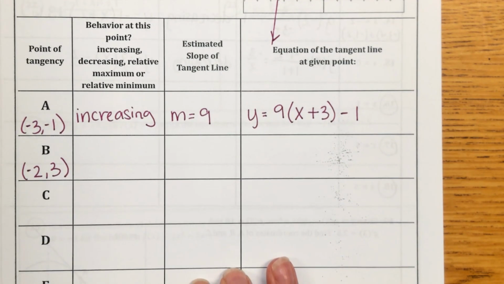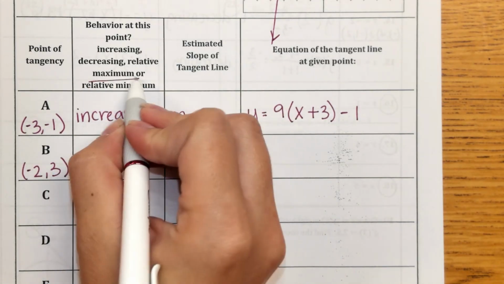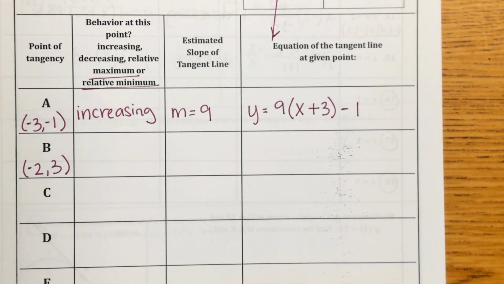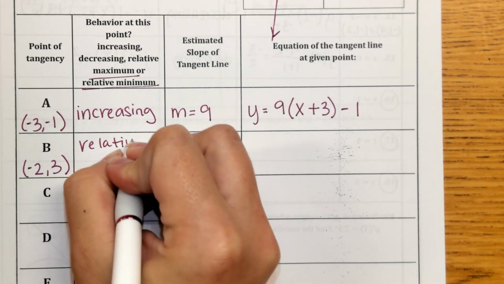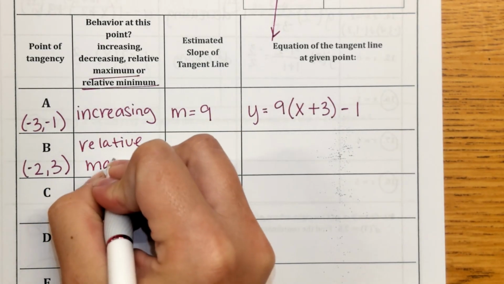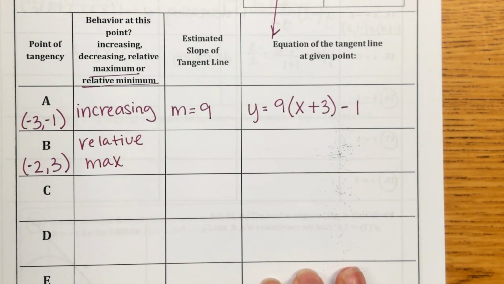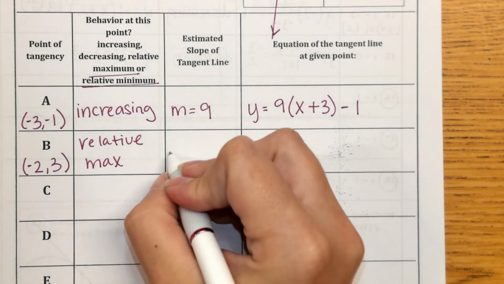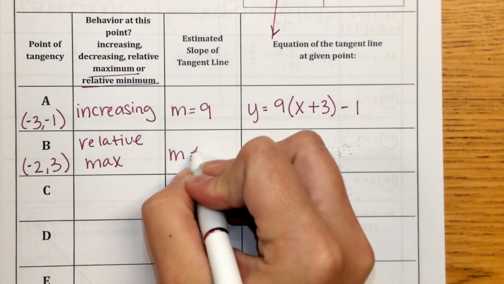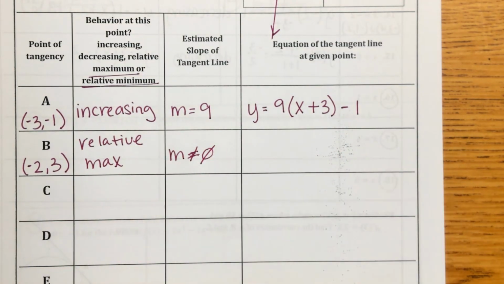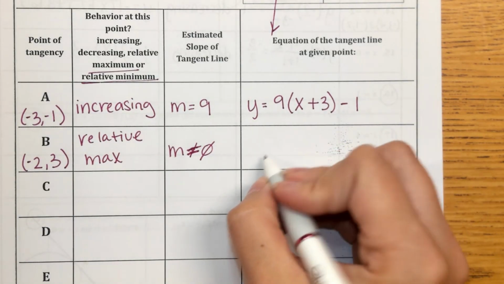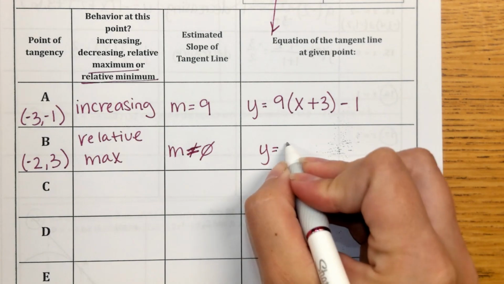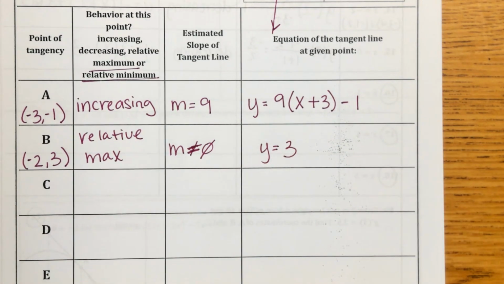So we're going to call this a relative maximum. Our slope for horizontal lines is 0. This is an equal sign. Okay, and then our equation for this line would be y is equal to 3.